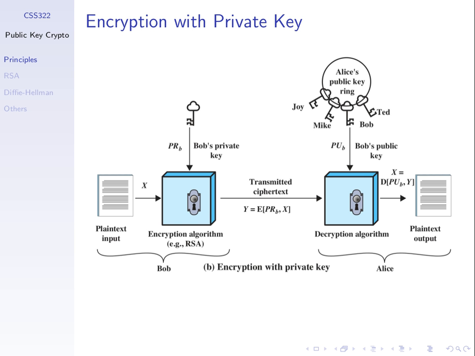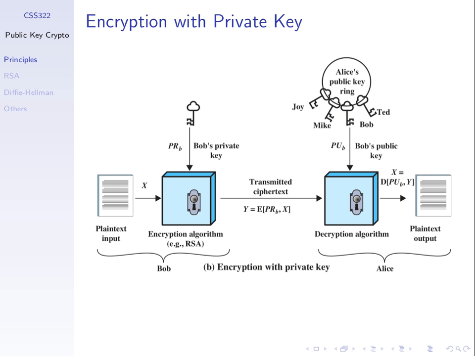And when Alice receives that, if she thinks it's from Bob, she's going to decrypt with the public key of Bob. So for the decryption to work, Darth must encrypt using the private key of Bob. But Darth doesn't have the private key of Bob because it's private.